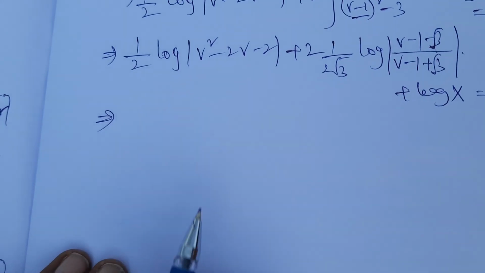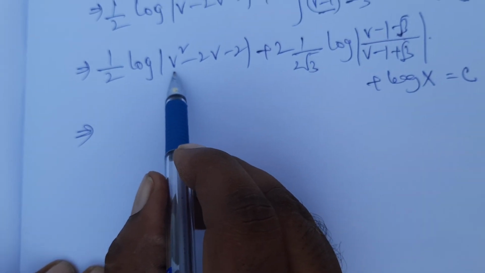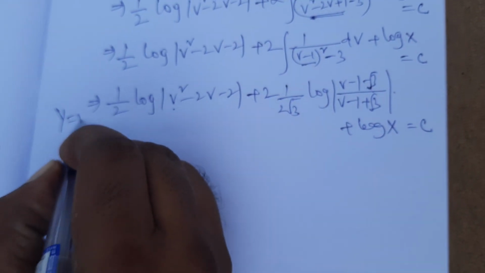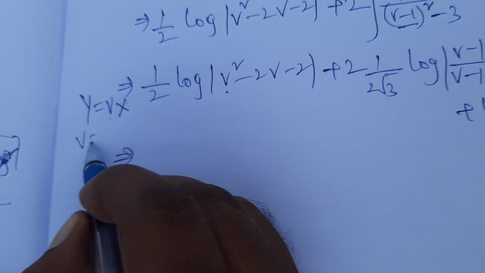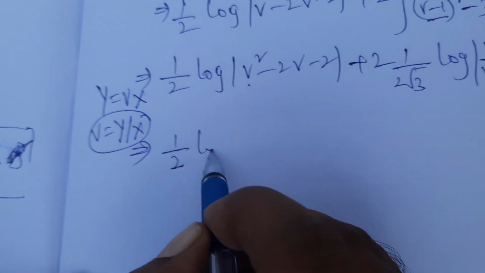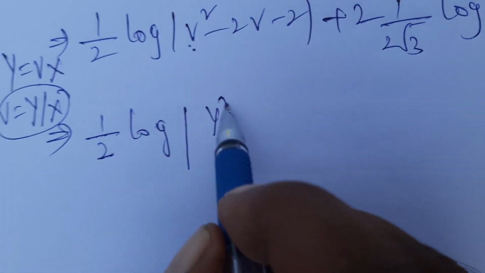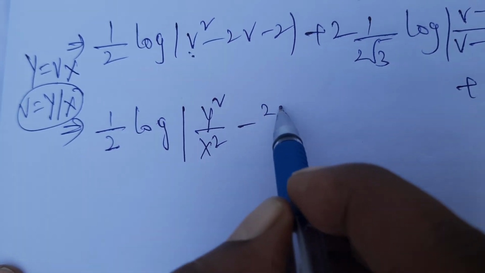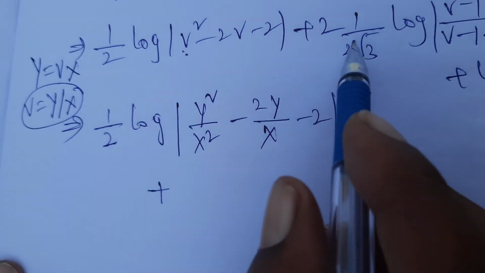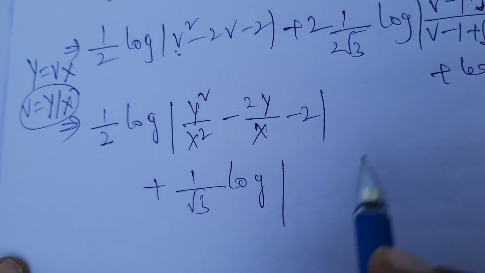Now what is the value of v? We took y = vx, therefore v is equal to capital Y by capital X. So this value is 1/2 logarithm of modulus, here the v value as Y²/X² − 2 into Y/X − 2, plus the next value, the 2 gets cancelled, 1/root 3 into log mod, what is the v value?